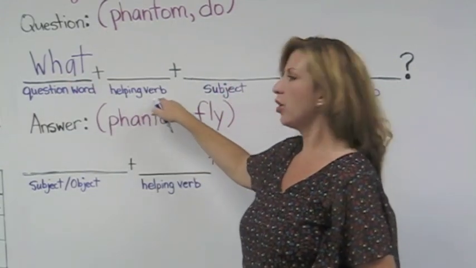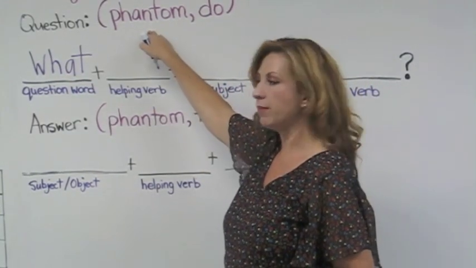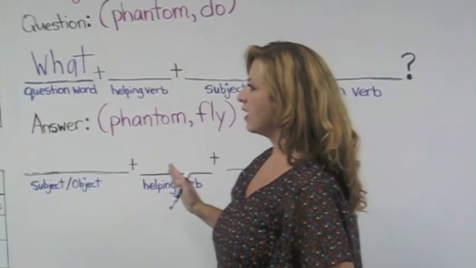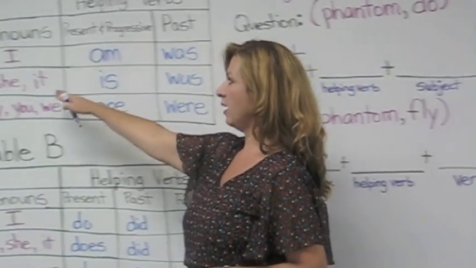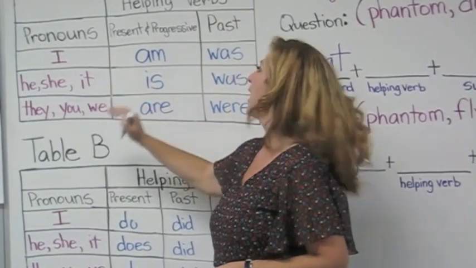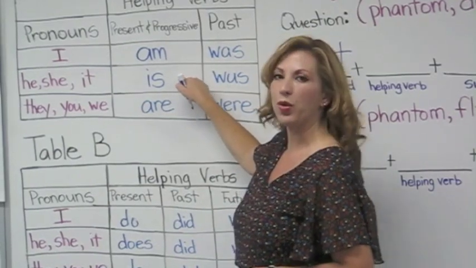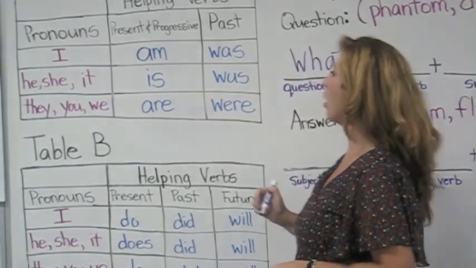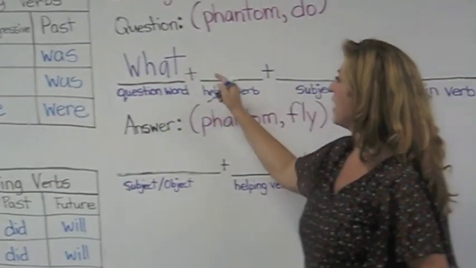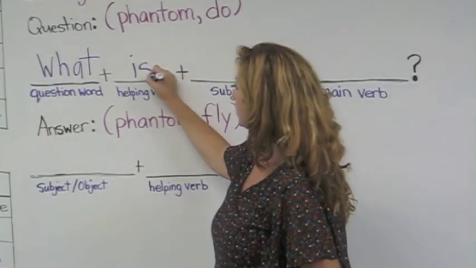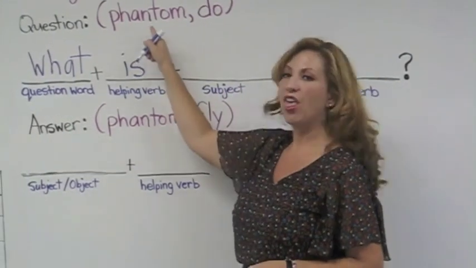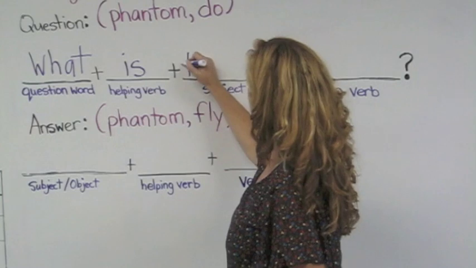Now our helping verb is going to be according to phantom. So a phantom is either a he, a she, or an it. And it's in the progressive, so we're going to use the word is for our helping verb. What is our subject? The phantom.